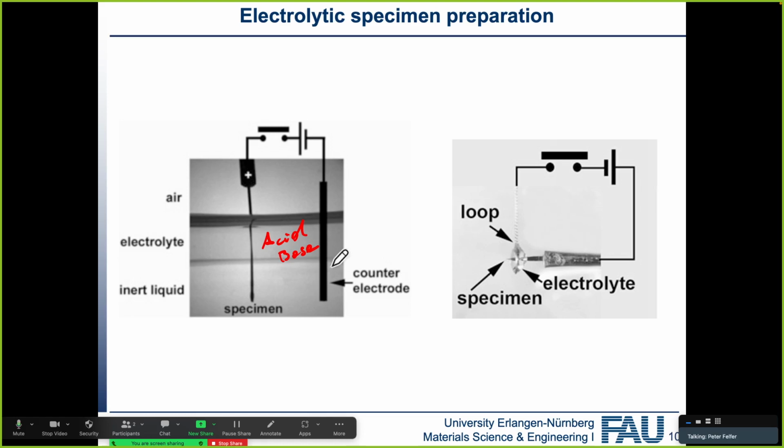For example, if we have tungsten, we use KOH, and otherwise the acid might be something like perchloric acid, HClO3.